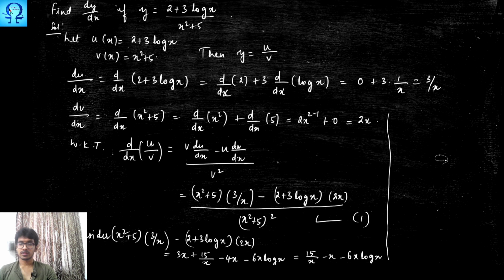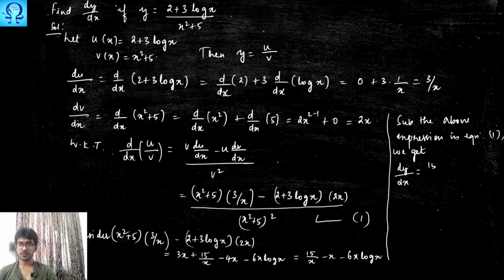Now substituting this in equation 1, we get dy/dx is (15/x − x − 6x log x) upon (x² + 5) whole square.